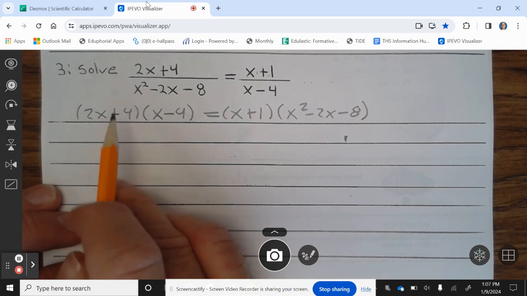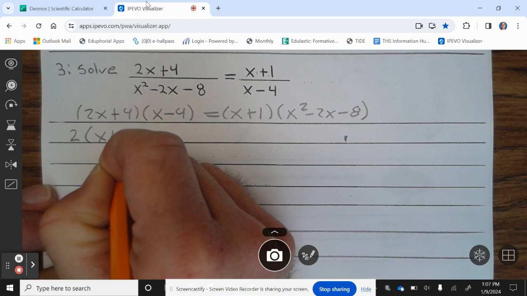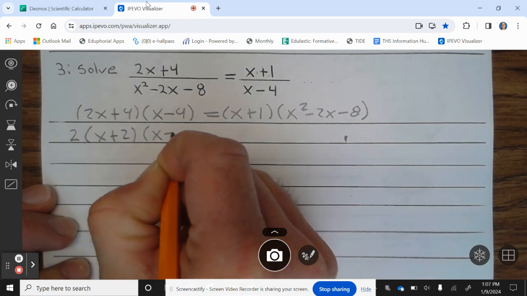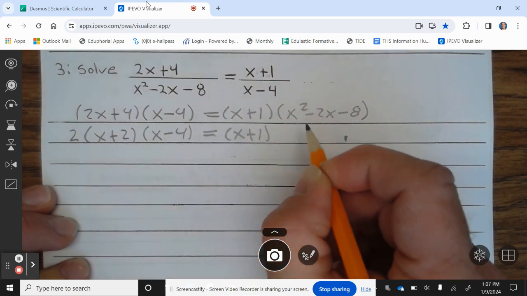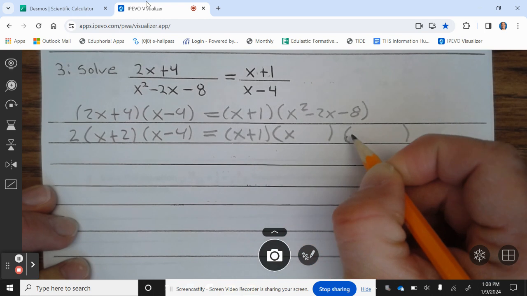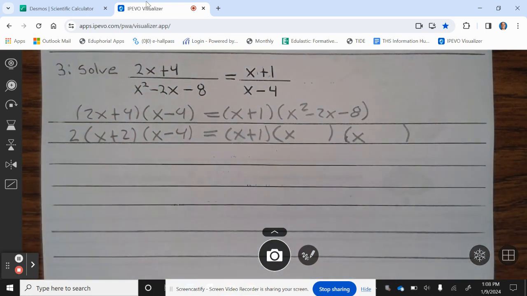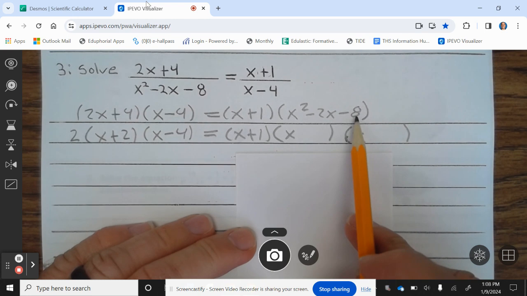Now we can factor this out by 2, so that it becomes 2 times x plus 2 times x minus 4 equals x plus 1 times, we can factor this. We know x and x is x squared. Now we need to figure out what numbers multiply to give you negative 8 and combine to be negative 2.